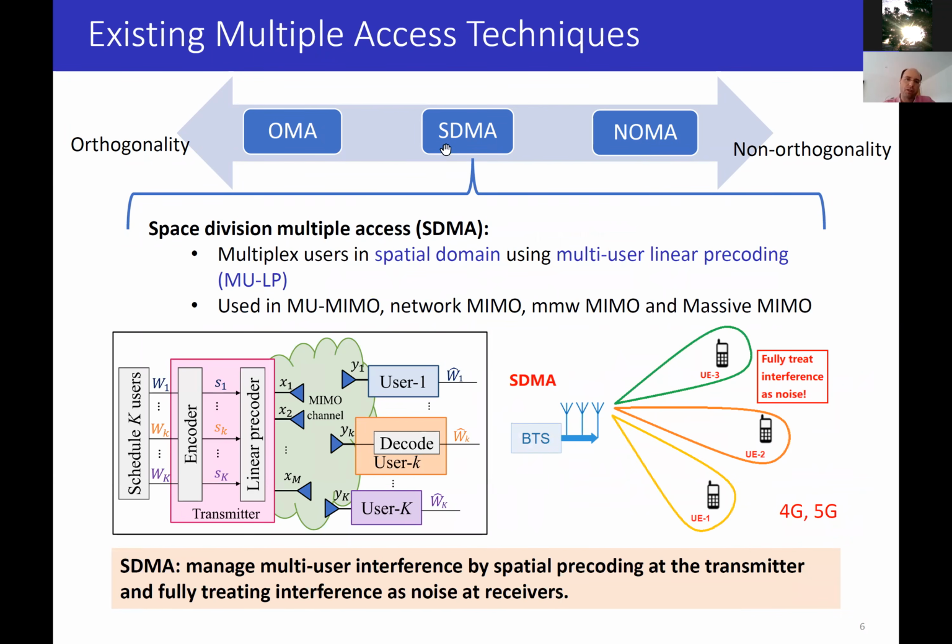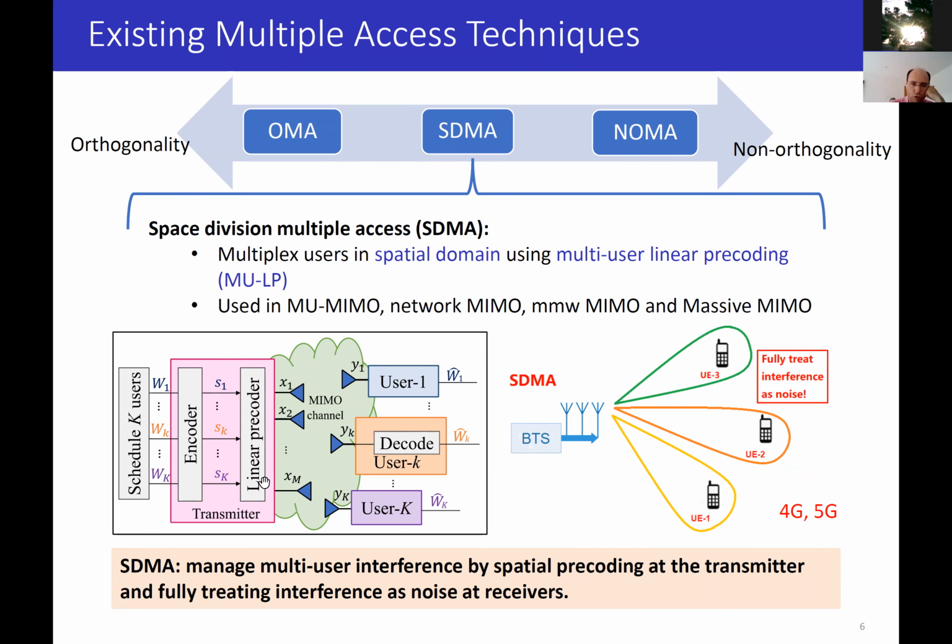Space division multiple access is another type of multiple access that really focuses on the spatial domain and relies on multi-user linear precoding to form beams and to transmit a message in each of those beams. This has been extensively used in multi-user MIMO, network MIMO, millimeter wave MIMO, and massive MIMO throughout 4G and 5G. The way it works is the following. You have K messages. You encode those K messages into K independent streams.